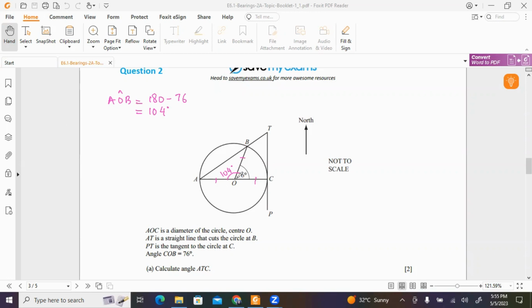So we can easily find angle A and angle B, which would be 180 minus 104 divided by 2, which will give us 38. Now this is 38, this is 38.